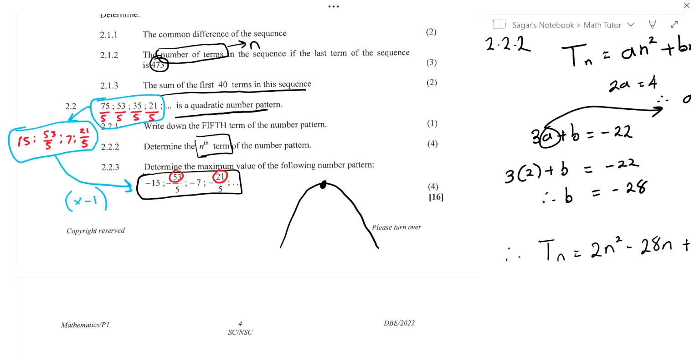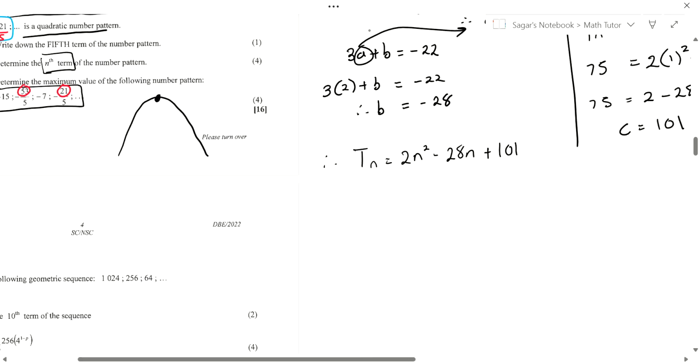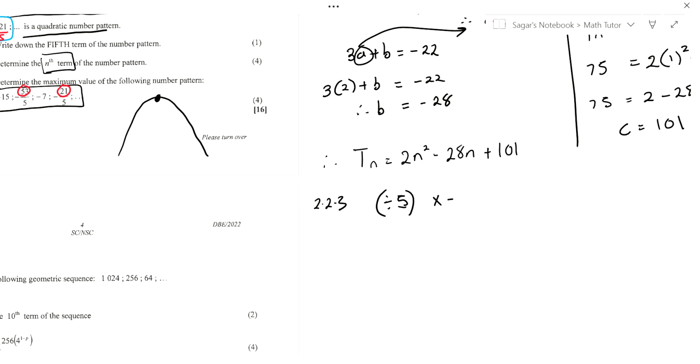Immediately they have done two things to the sequence. So 2.2.3 is more clear now. They have divided by 5, and they have multiplied by -1. Two things they've done. So these two things we can implement to our nth term we've calculated above.